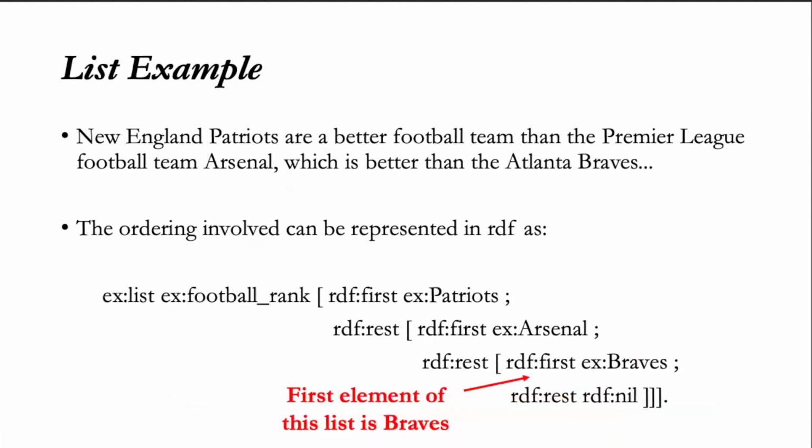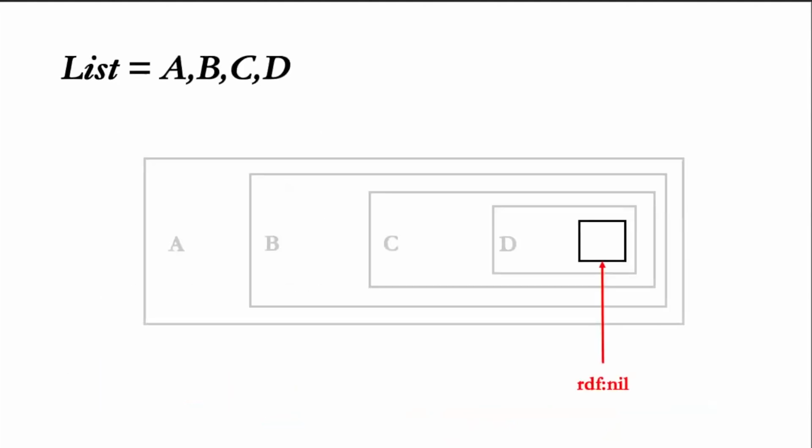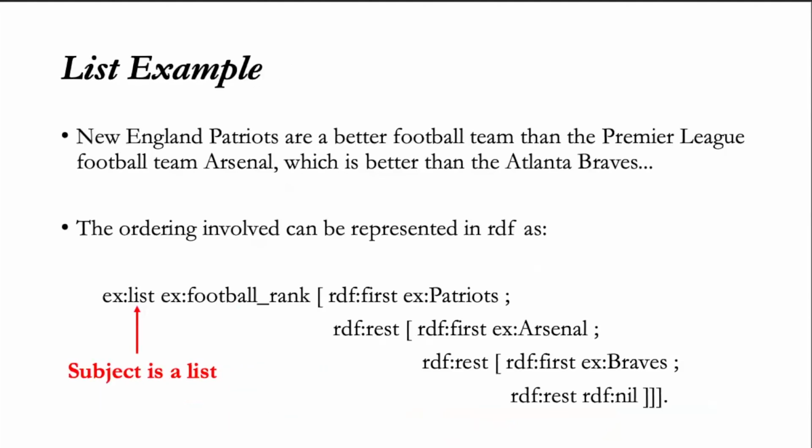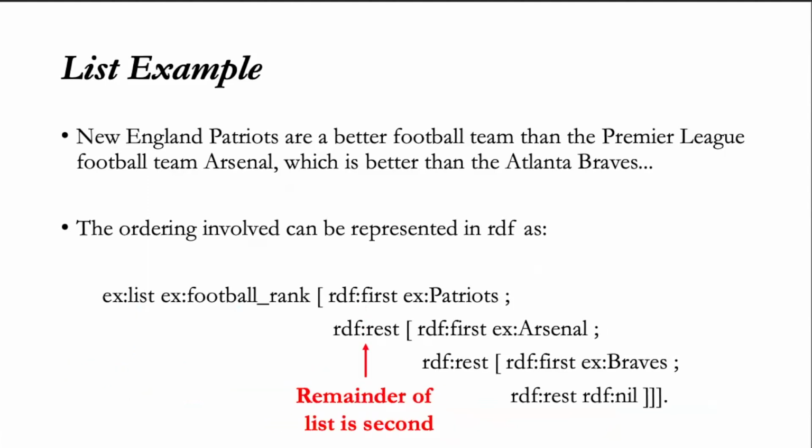Yeah. You would have a list, and then, in the syntax, depending on your serialization, you could just have Patriots, comma, Arsenal, comma, Braves. But if you spelled it out, this is what it would mean.